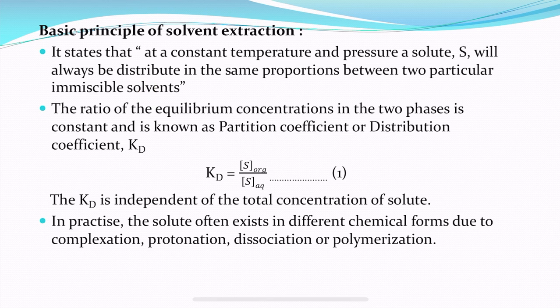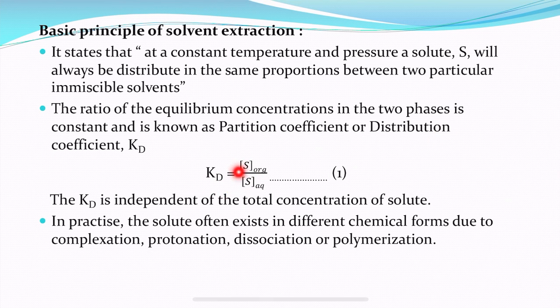Here the solute is represented as S, which will always be distributed in the same proportion, as I said. The ratio of the equilibrium concentrations in the two phases is constant. Let me call that constant Kd, where Kd means the partition coefficient or distribution coefficient.